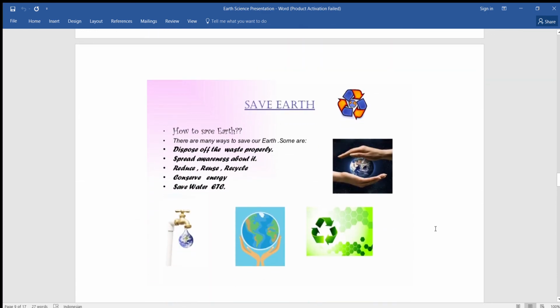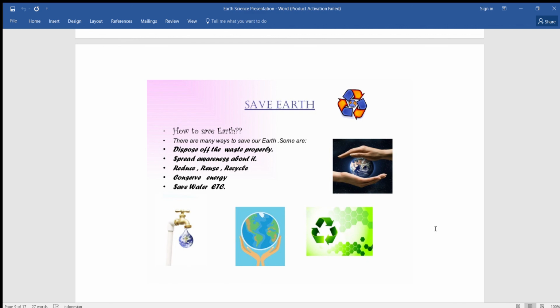Okay. So now, from the discussion that I have, sabi ko nga sa inyo kanina that lahat ng nangyayari, lahat ng pollution dito sa ating kapaligiran are all man-made or human activities that hurt Earth. Okay. How to save Earth? There are many ways to save our Earth.